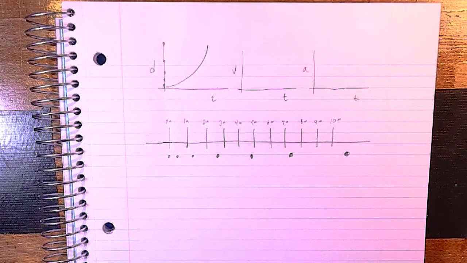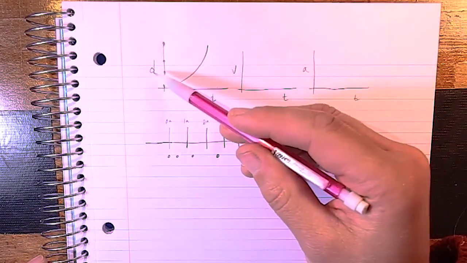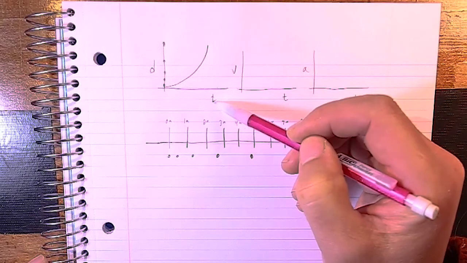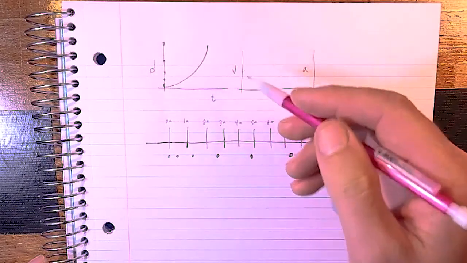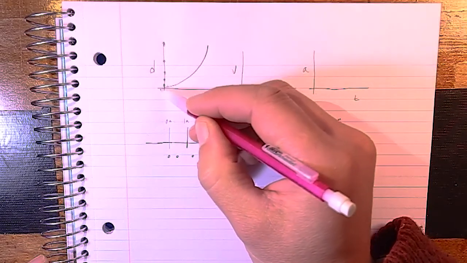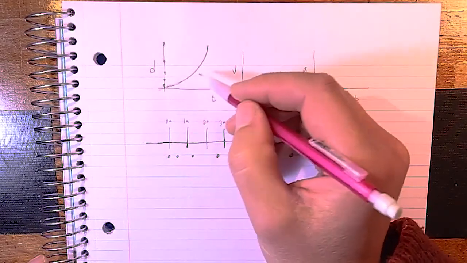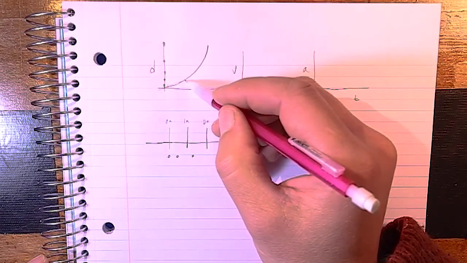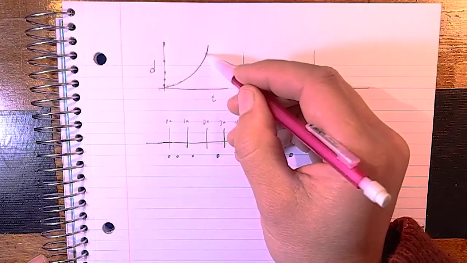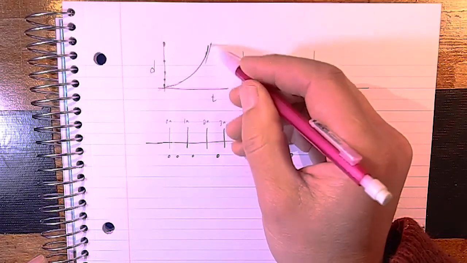So let's look at what the slope is of a displacement time graph. The slope of a displacement time graph is velocity, and it starts out with a low slope, or actually a 0 slope, and then that slope is low, and then it starts to increase until it gets up here where the slope is very steep.